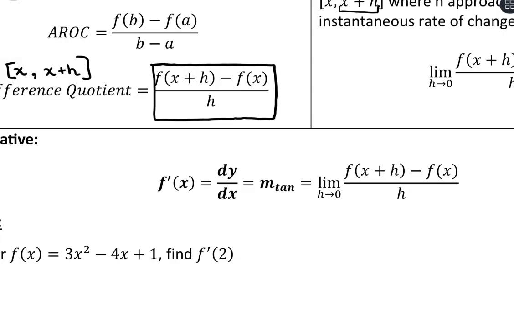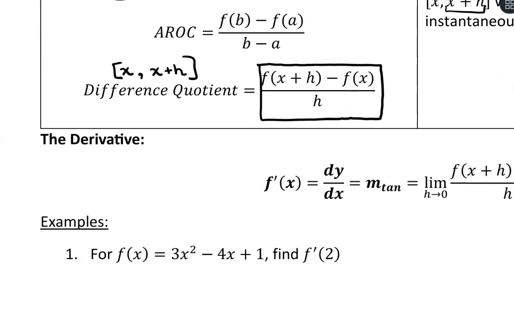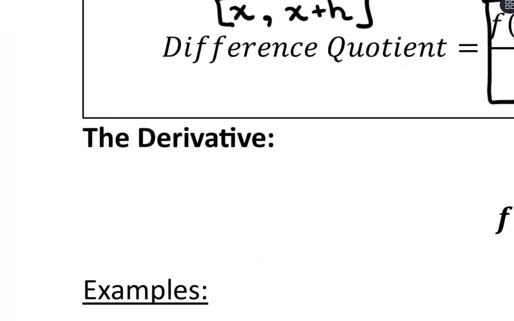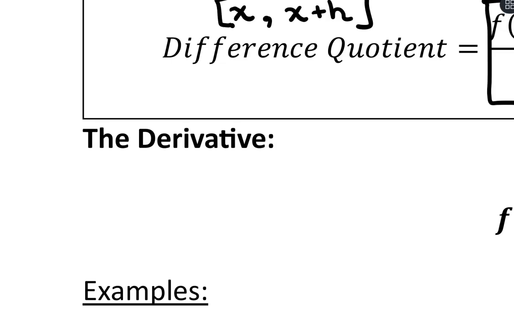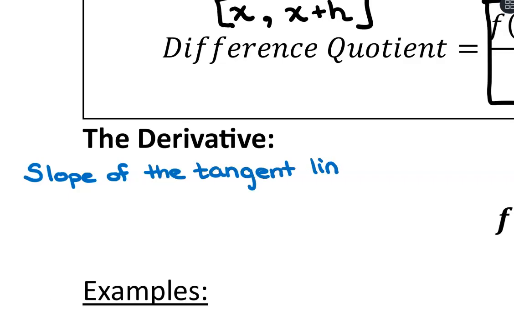So, some notation. We are talking about the derivative here. Again, there are lots of different ways we can describe a derivative. It relates to the slope of the tangent line. We also call it the instantaneous rate of change.